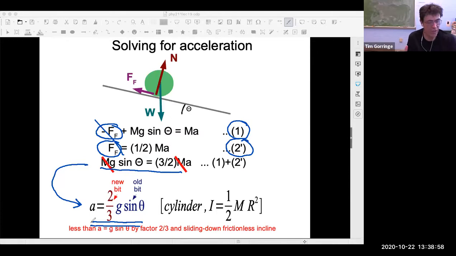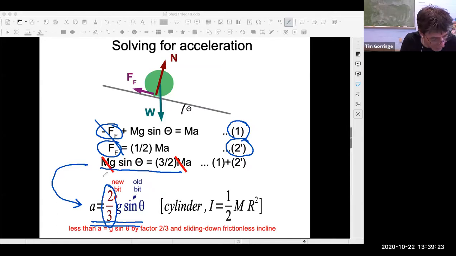So you get this g sine theta. We've got that g sine theta again, because again, we're going down the incline, but we got an additional factor, a new bit. And this new bit is always less than 1, and it's due to the rolling. It's a consequence of the rolling rather than just the sliding.